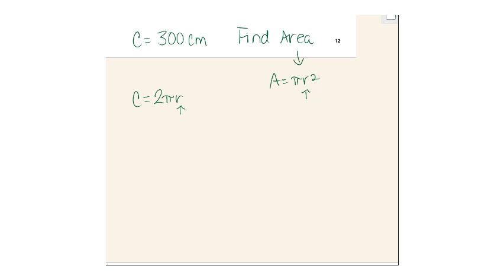So let's use this formula and substitute in what we know, which is the circumference. Their circumference is 300, and we're solving for r. So to get r by itself, we're going to divide both sides by 2 pi. If you will remember from circumference, when you divide by 2 pi, you have to make sure to do what?